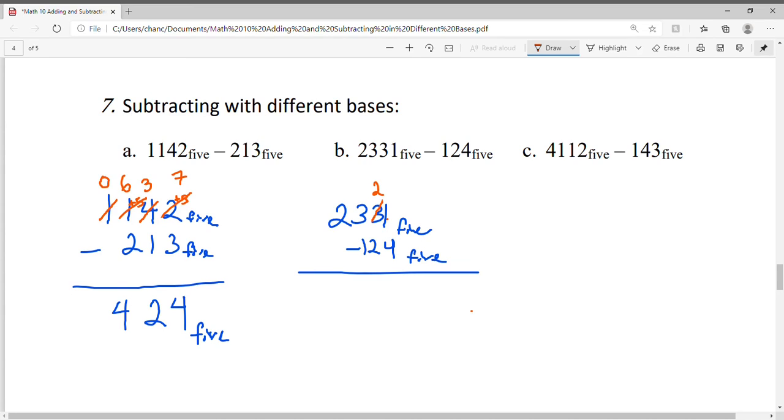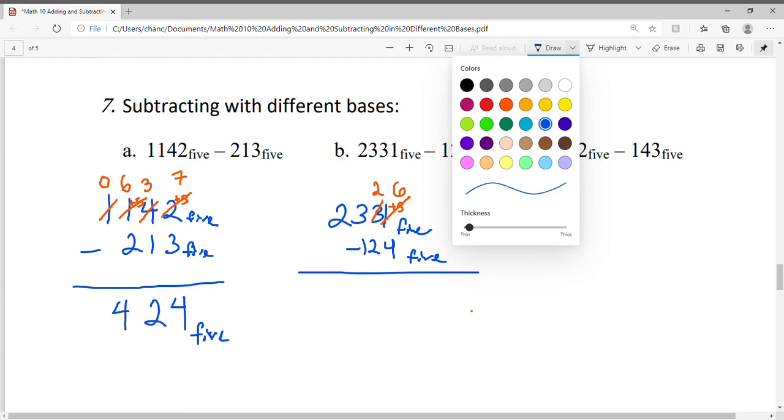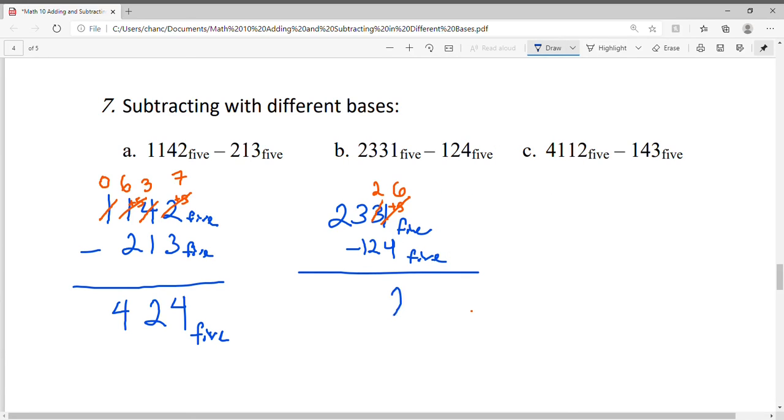Now I add a 5 to the 1. That makes this one a 6. 6 minus 4 gives me 2. 2 minus 2 gives me 0. 3 minus 1 gives me 2. And the 2 just comes down. So that's our solution. 2202 base 5.